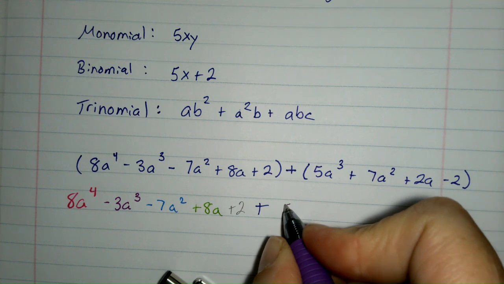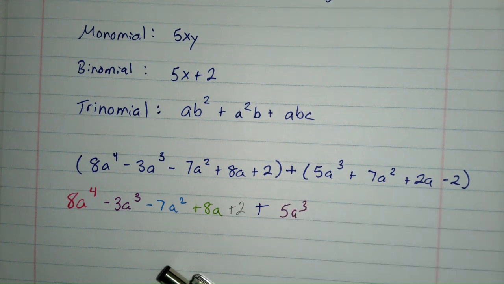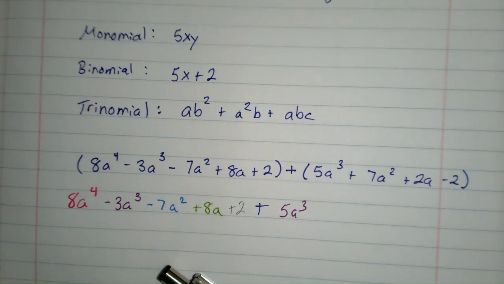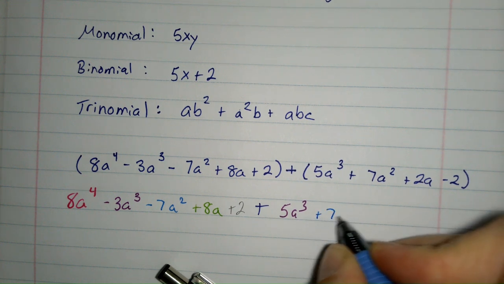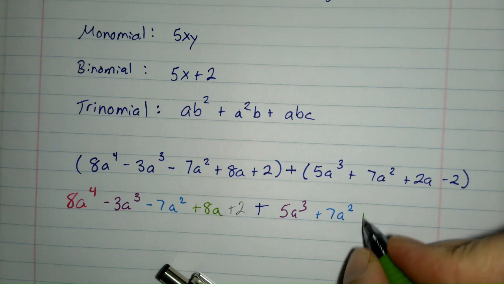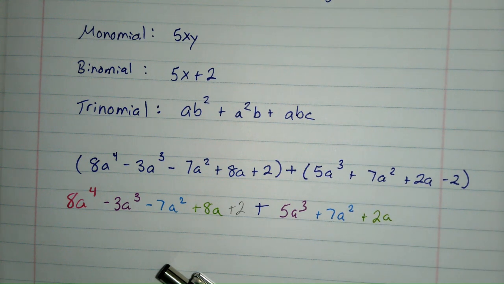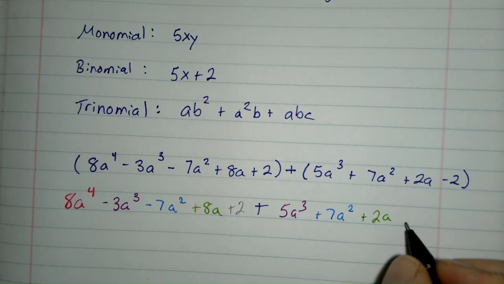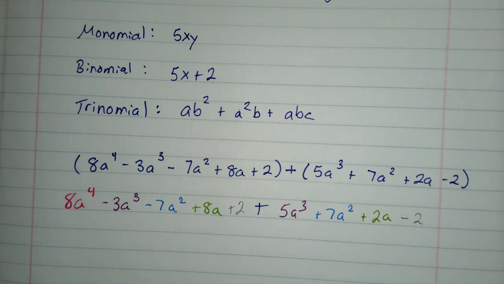And then we had 5a cubed, plus 7a squared, plus 2a, minus 2. And now we're going to combine like terms.